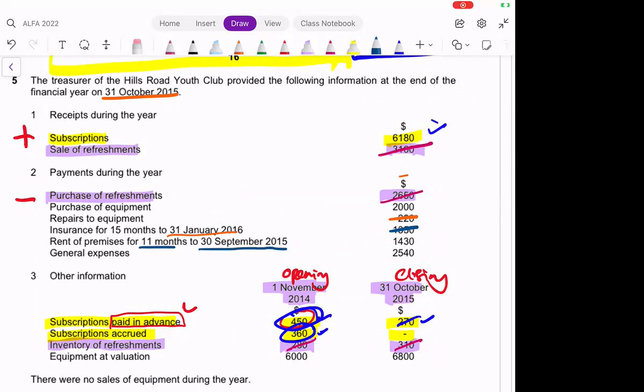So here, can you tell me, you get accrued or prepaid? 11 months until 30th September, and you do accounts until 31st October. So how much is the rent for this year?